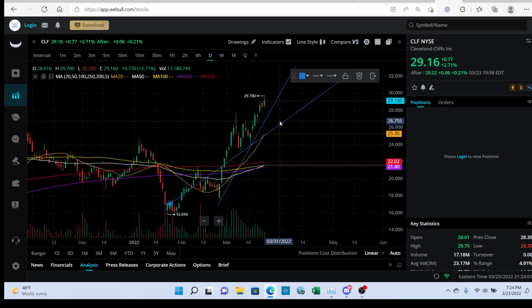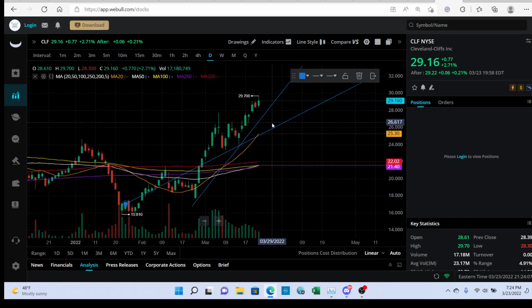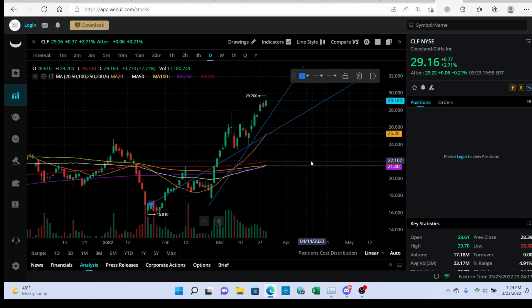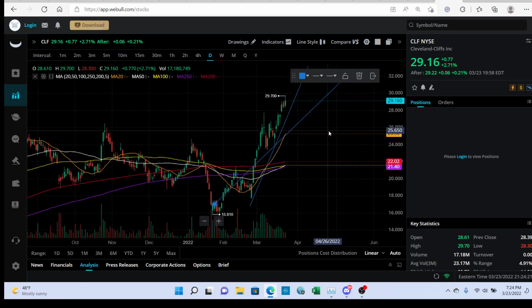And then another thing to worry about is, let's say this rallies, and then we start fading around here, and then we bounce off this trend line, and then we start moving back again. Well, that's going to look a lot like a head and shoulders, and then we could just fade all the way back down here. So that's the risk I'm laying out for Cleveland Cliffs.